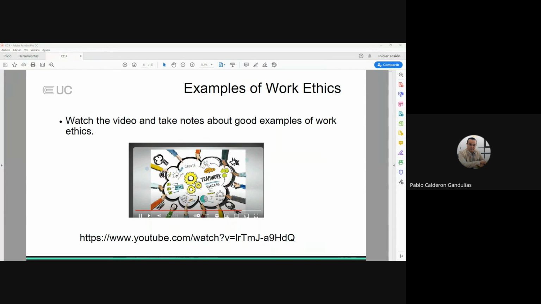Remember, one definition per group. Okay, the Padlet link is in the chat.